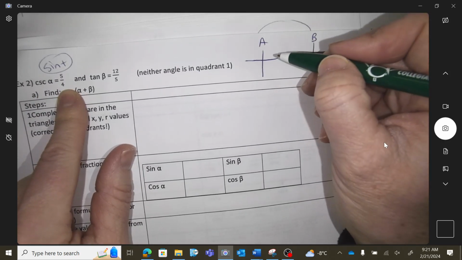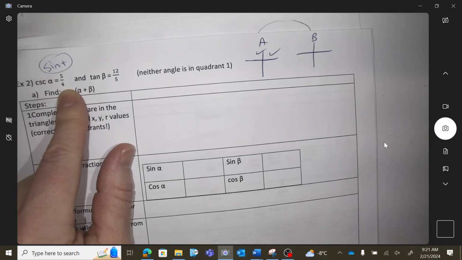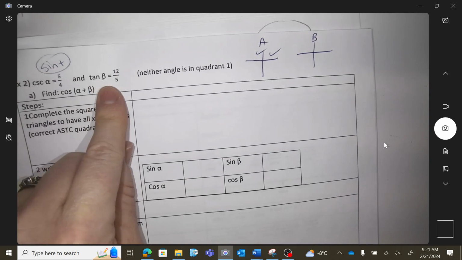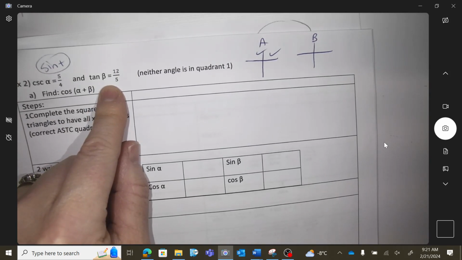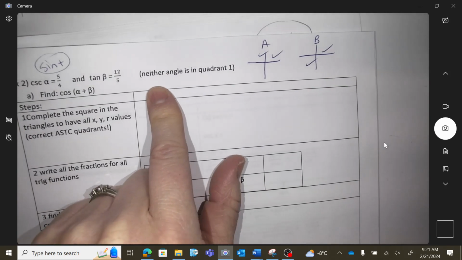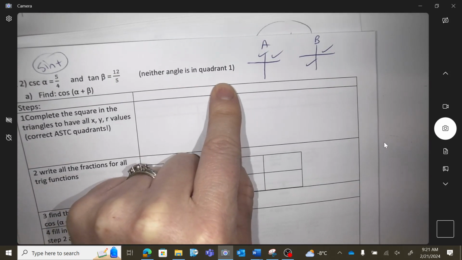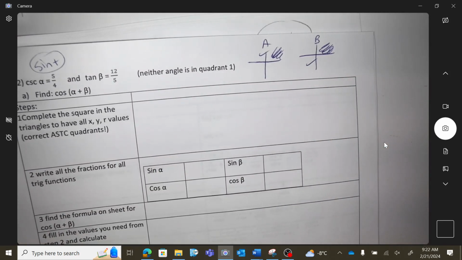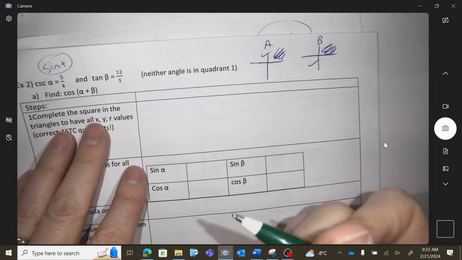So A could be in the top somewhere. And then B, tan positive. Then the next thing says that neither angle's in quadrant 1, so it can't be there. So these angles are in different spots.